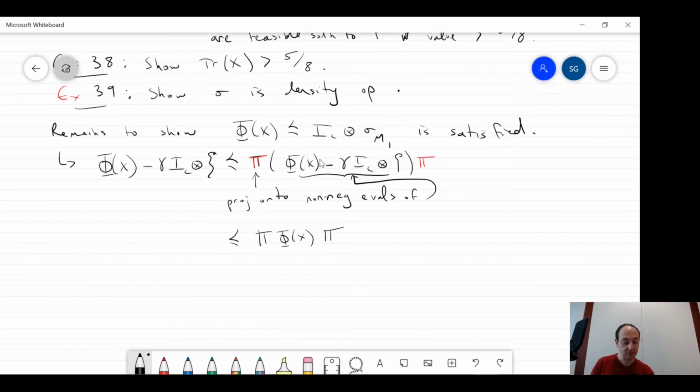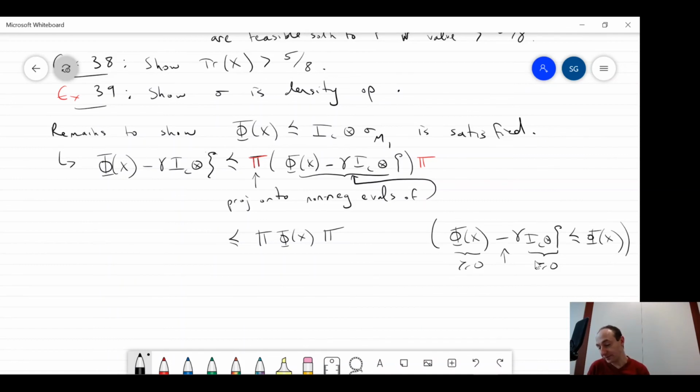Well, this thing here is certainly going to be smaller than just phi of x, right? I'm ignoring the minus sign; separately they're positive. So if I take the difference of two positive operators, think in terms of numbers if you like, then certainly that's always going to be at most the first positive number I started with, right? So same thing with real numbers. So that's how you get that one.